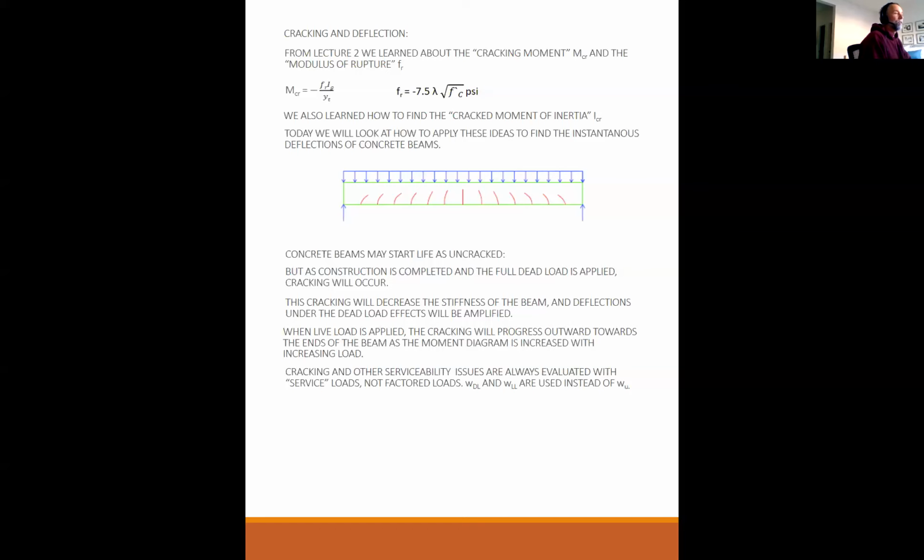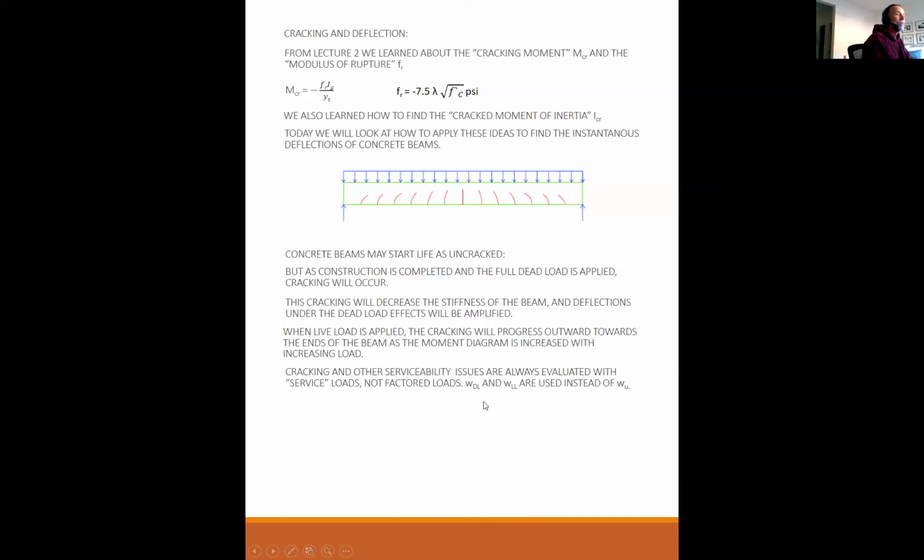Or is the beam going to deflect too much and not be a good product for the owner? To have a building with a bunch of cracks and sagging beams is not ideal. So we evaluate cracking and deflection using service loads, not factored loads.